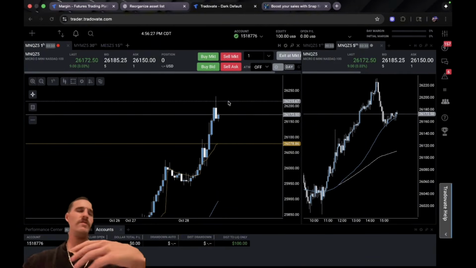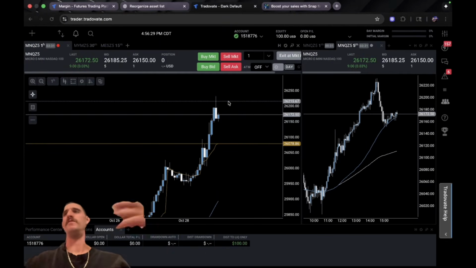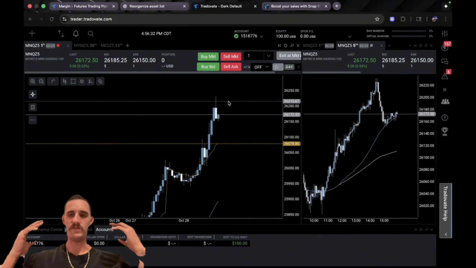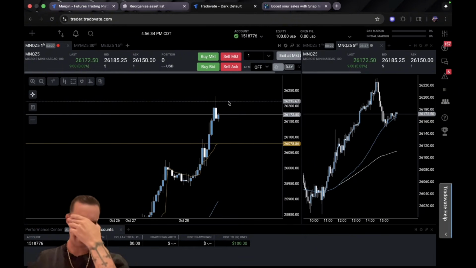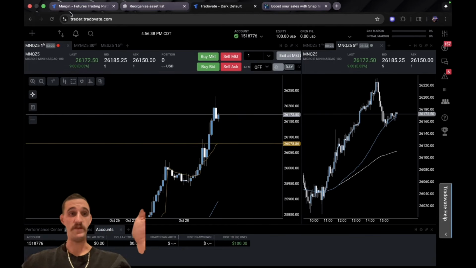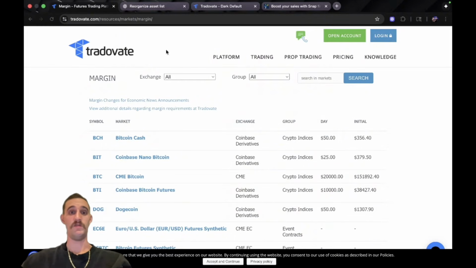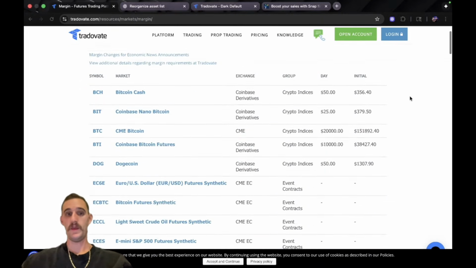You look into it online, there's all sorts of different stuff. Even AI was kind of confused about it. So I'm like, okay, let me go to Tradovate's website. If you go to trading and you go to margins, which is the page we're on, you can see it says day and initial.